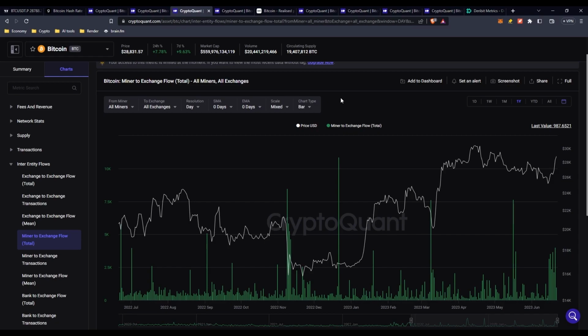We have to look because the difficulty is at its all-time high, right? And at the moment, the price is at the resistance level. Miners are sending more into the exchanges, because we can see a couple of spikes back to back. So that gives us a signal that maybe opening a short position will be more favorable than opening a buy position right now. So this is how you can use it.